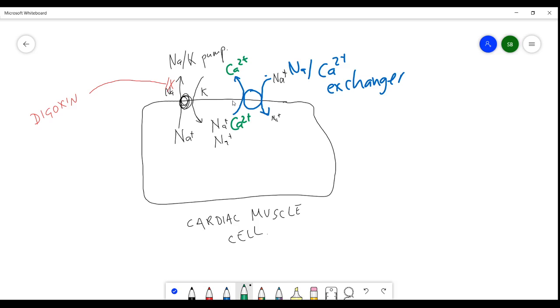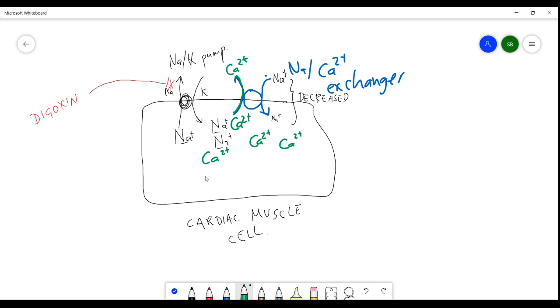But there's a problem, because we now have a build-up of sodium inside the cell. So this diffusion gradient here is decreased. So there's less of a force to push the calcium out. So the result is a build-up of calcium as well inside the cell.